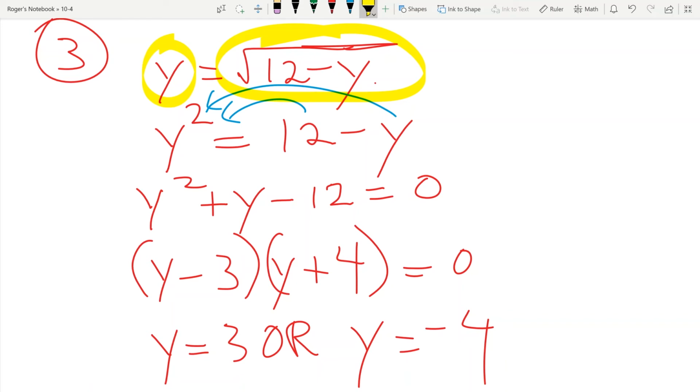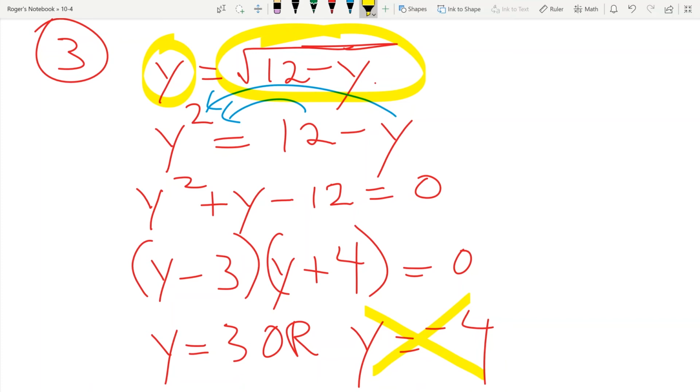So what that really boils down to is that this is not a solution. If you put -4 in place of y, that means the square root on the right is equal to a negative. And the square root on the right is the principal square root. They didn't put a plus or a minus in front of it. So this is not an option.